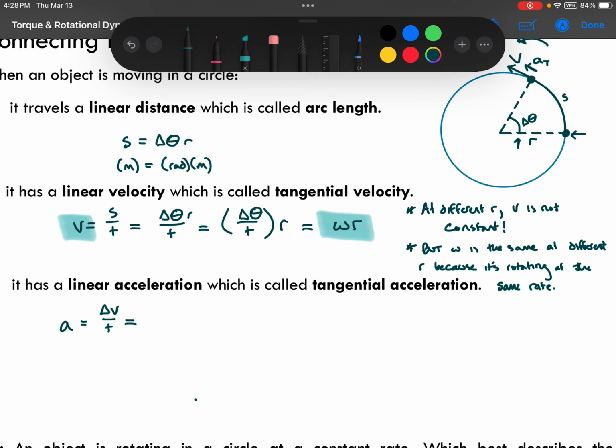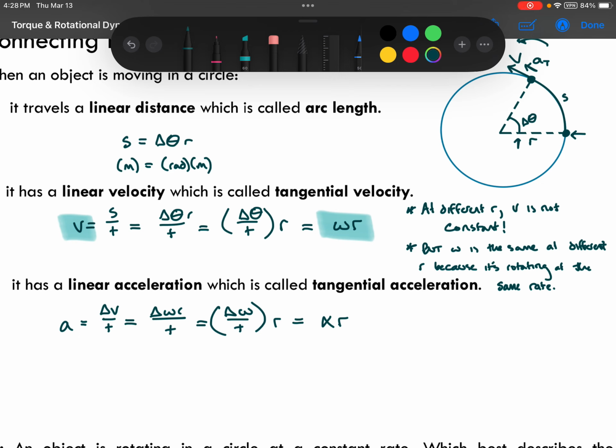And so we know v is omega r, so delta omega r over t. Kind of pulling things apart the same way we did before. So delta omega over t times r, and that is our angular acceleration times the radius.